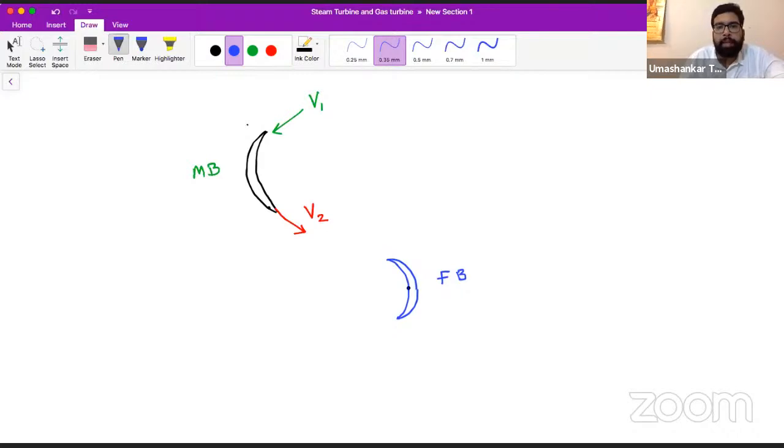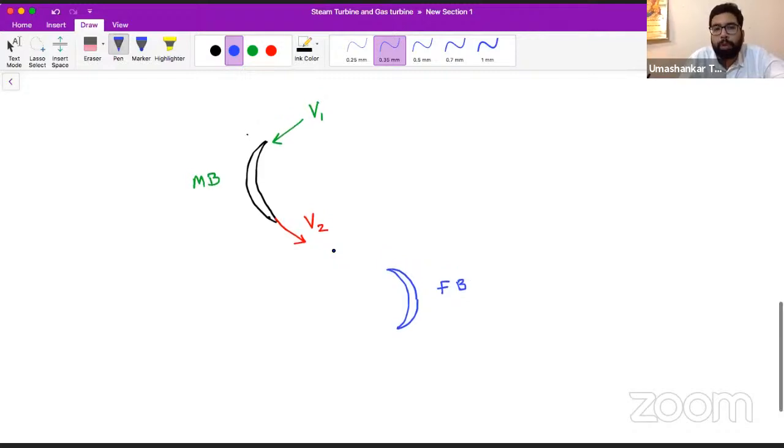Now tell me, when steam moves from this moving blade to the fixed blade, V1 and V2 are the absolute velocities. If you have seen the last session, V1 was the absolute velocity at the entry and V2 was the absolute velocity at the exit.